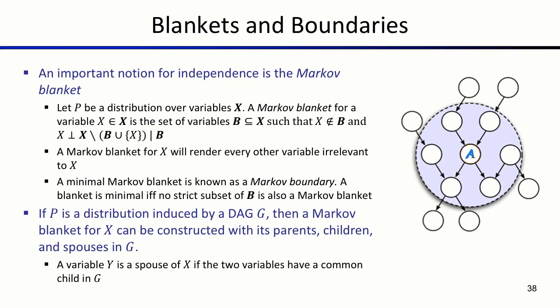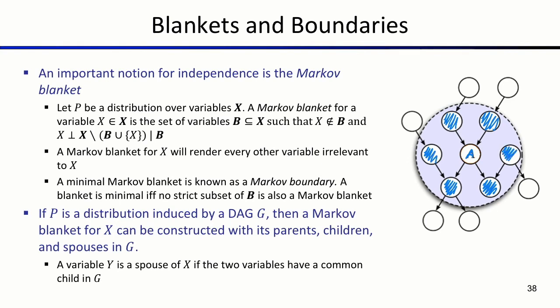In order to do that, we will need to observe the parents of A, because this will block the influence that comes from the top of the graph. We need to observe the children of A, because that will block the influence that comes from the bottom part of the graph. But we also have to observe what we call the spouses of A.